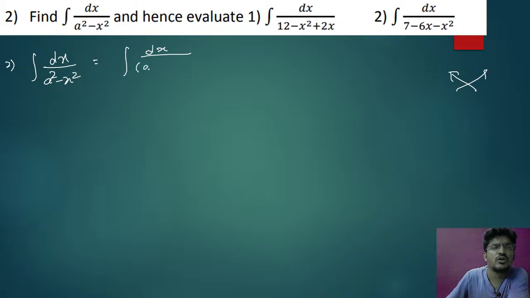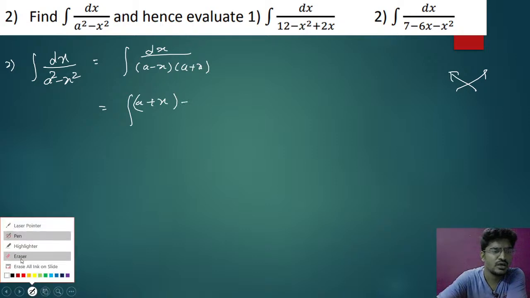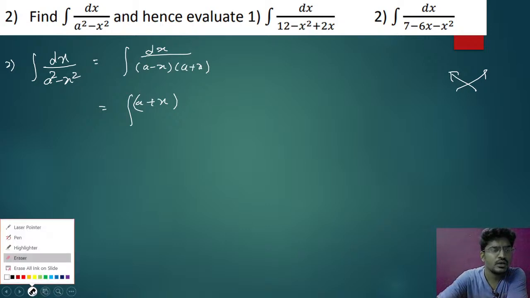This will be in the form of (a minus x) into (a plus x). Clear? That will be a plus x minus, okay, don't put the negative sign now, let us wait and see what the sign will be.